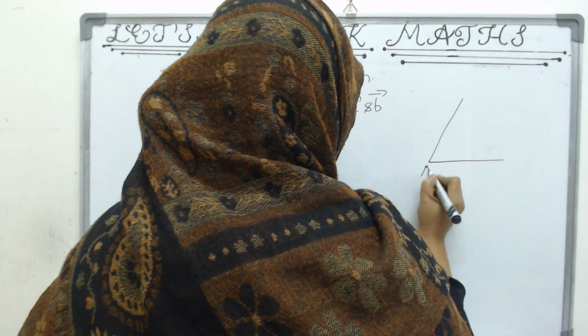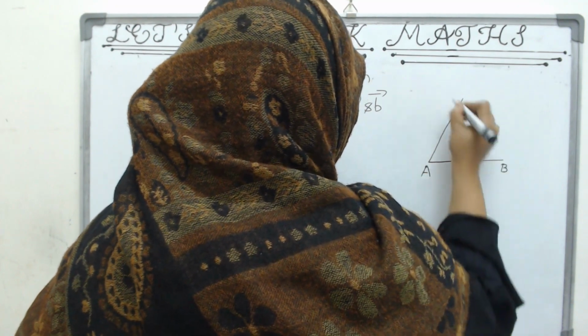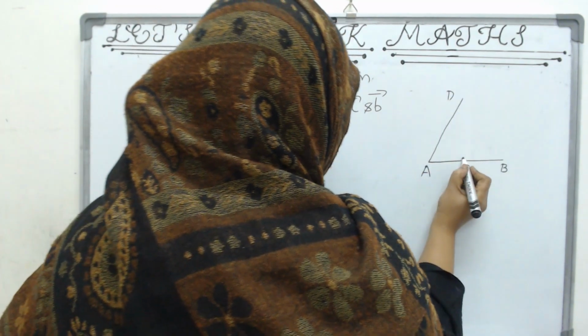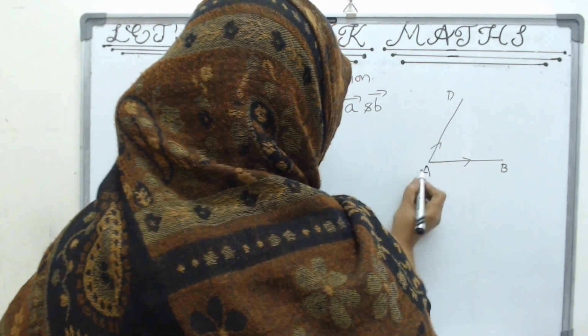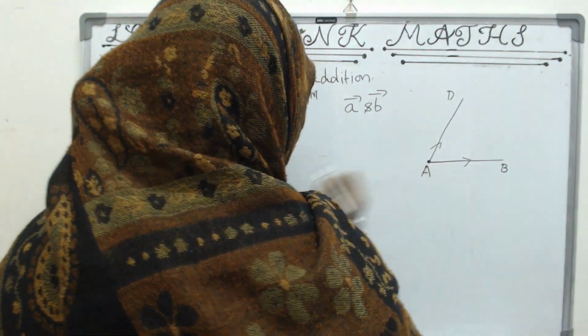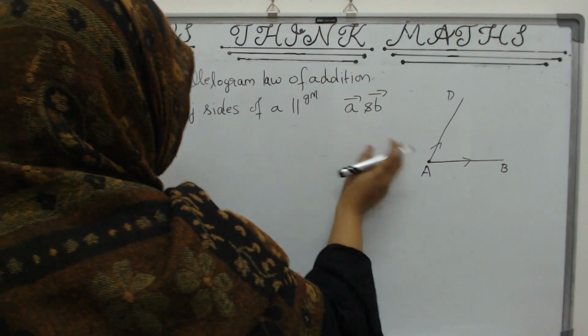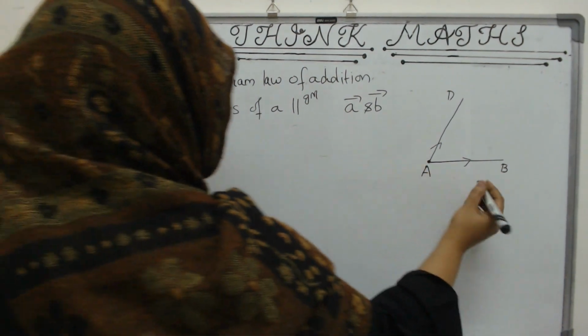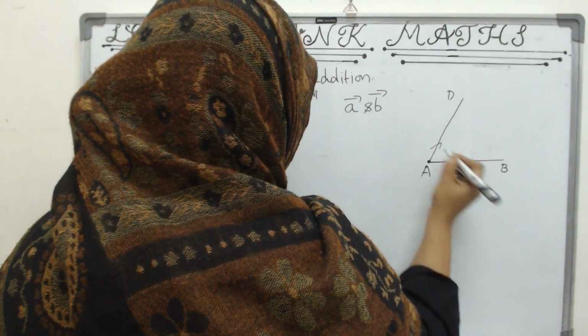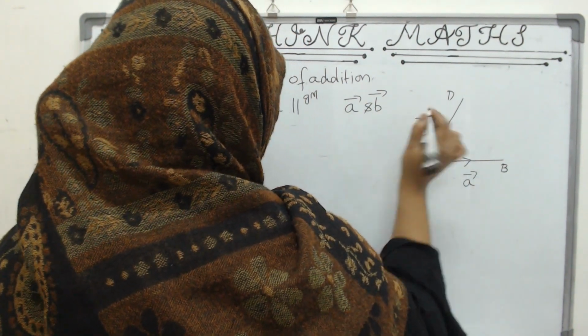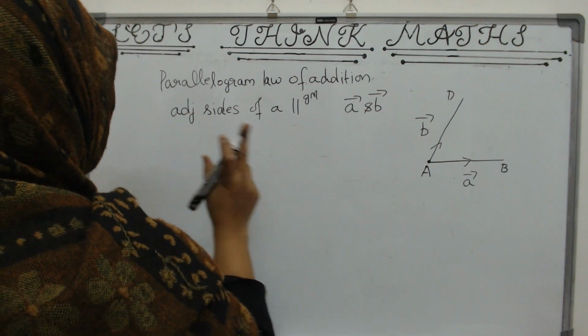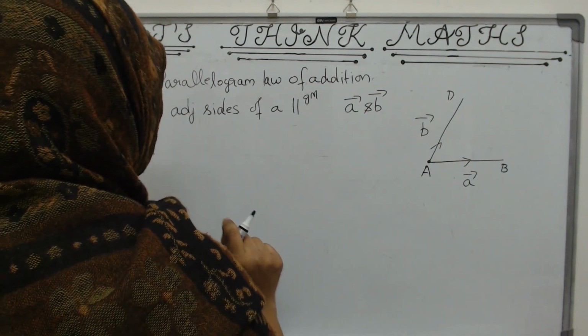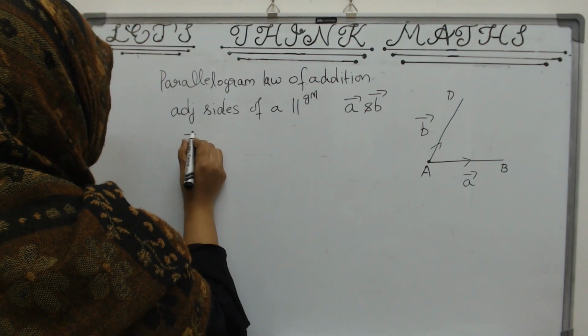So suppose A. Take two adjacent sides, meaning for both of them the initial point is A. Then the sum of these, where we are representing the adjacent sides by vectors. Suppose this is A and this is B. Then the parallelogram law of addition gives you a way to find A plus B.